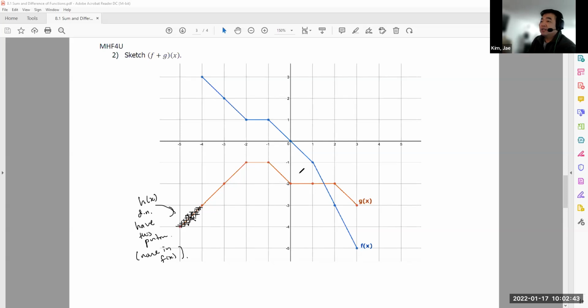So let's do it. You might need a little bit of space, and if you have a different color pen, go for it. I will continue to use green. 3 plus -3, 0. 2 plus a -2, 0. 1 plus a -1, 0. 0 plus a -2, 0. -1 plus a -2, -3. -2 plus a -3, -5.